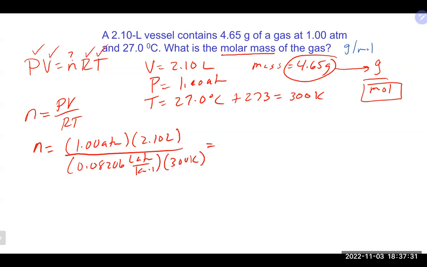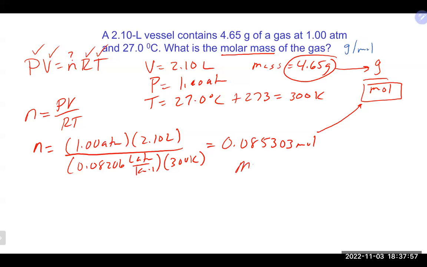If I do all that, 1 times 2.10 divided by 0.08206 and divided by 300 gives me moles of 0.085303. And that is the bottom part that I need. All that is left is to divide those two numbers.